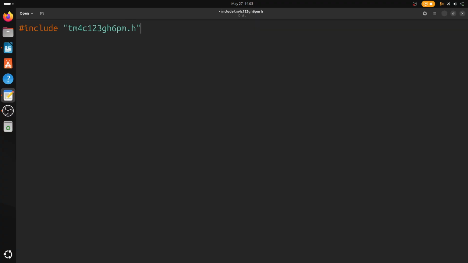I'm including the library of this microcontroller, TM4C123GH6PM, the debug microcontroller. And this one is the delay function that is used to give some delay, that means making it wait for some time.